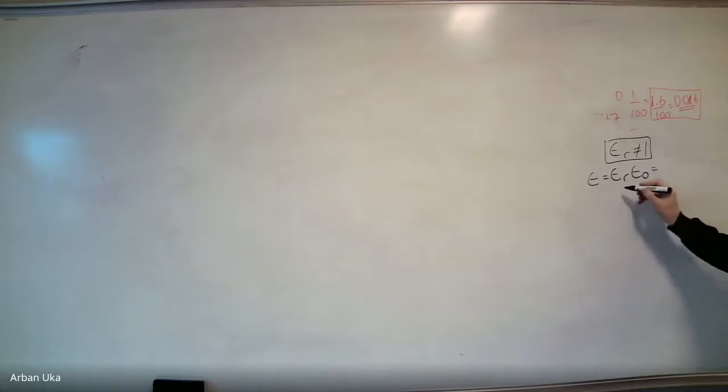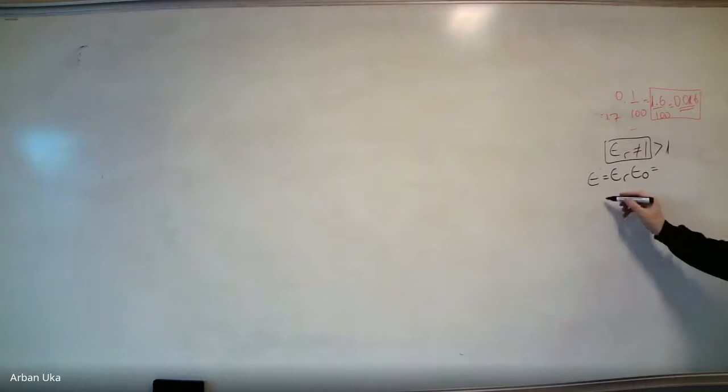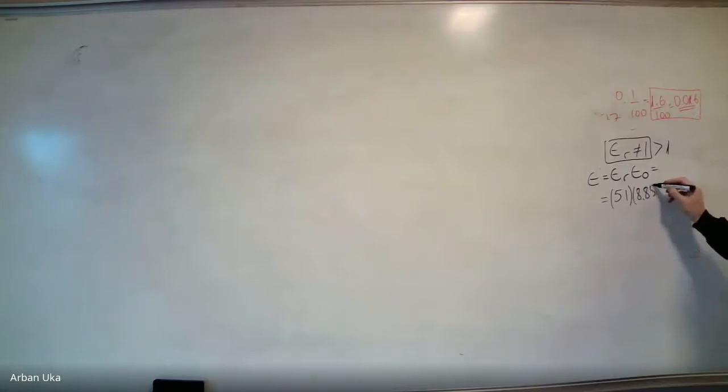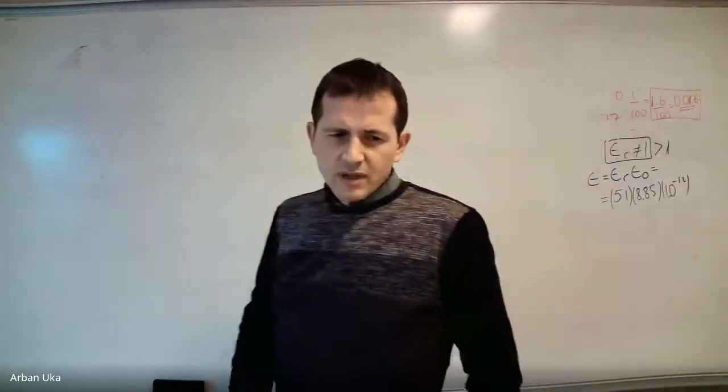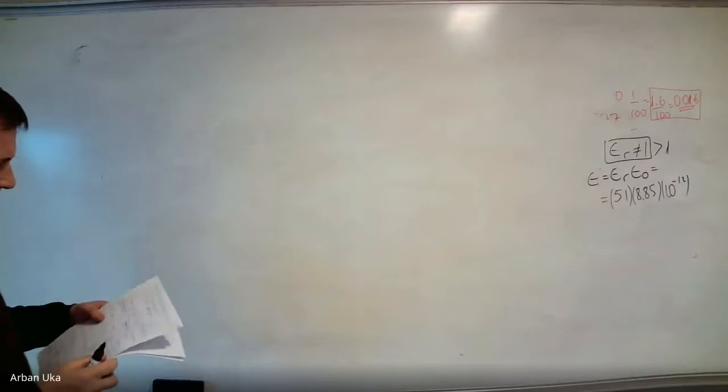And traditionally, this epsilon r is different from 1, but at the same time is larger than 1 most of the time, which means that this would be epsilon r times 8.85, I always forget this value, times 10 to the power minus 12, something, okay? So this is what we understand when we talk about a dielectric.